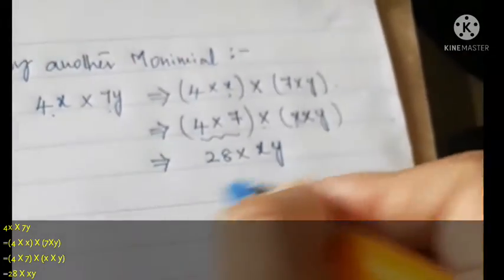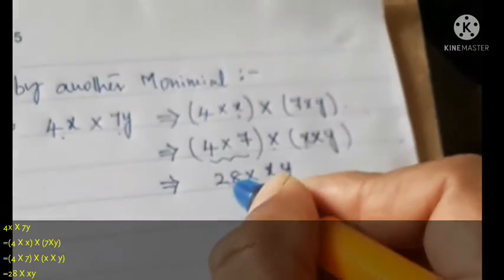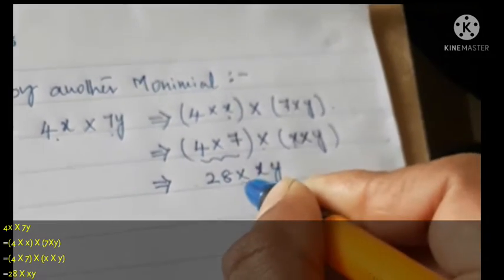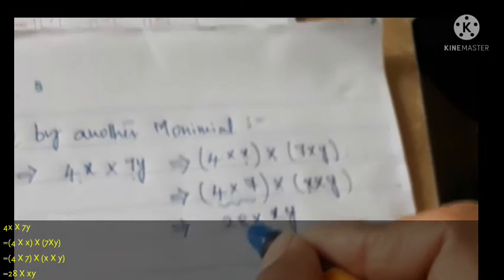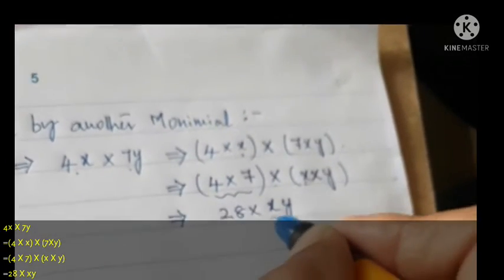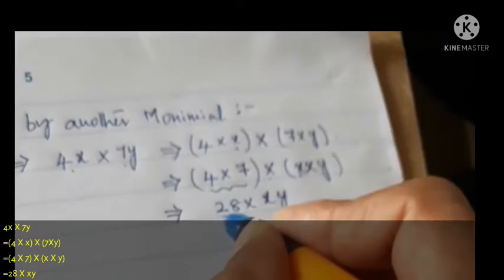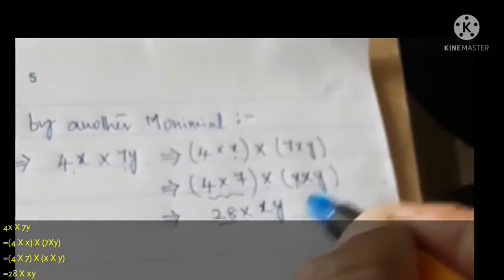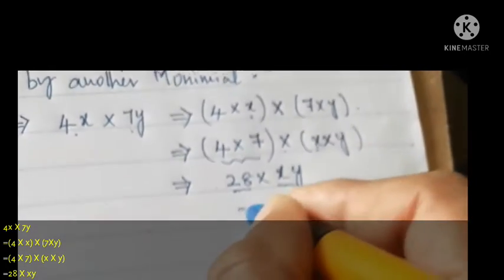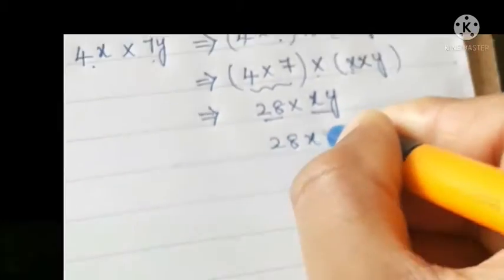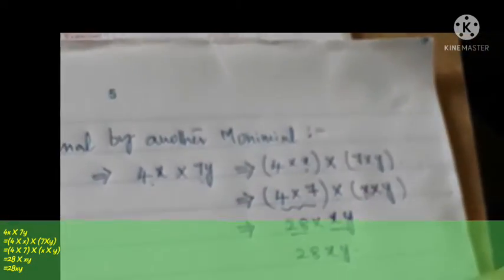So this becomes 28xy. This 28 multiplied with xy is a product of factors. What are the factors of the term? 28 is one factor of the required answer, and xy is another factor. If I consider these two factors together, that will be 28xy. Okay?